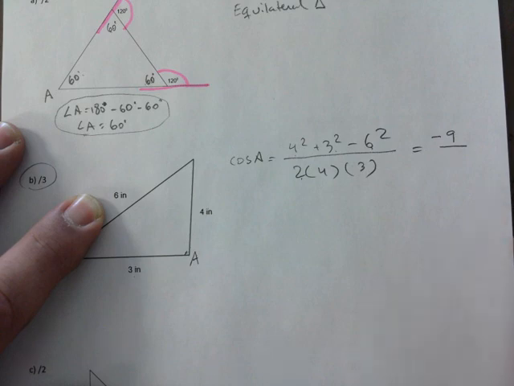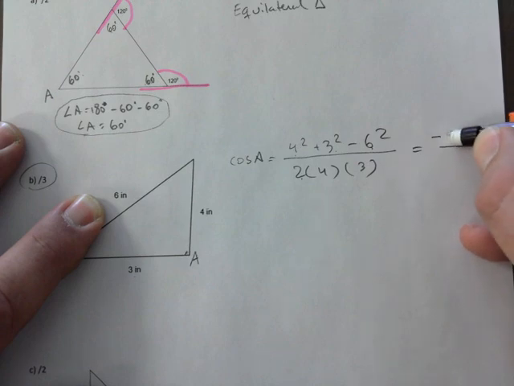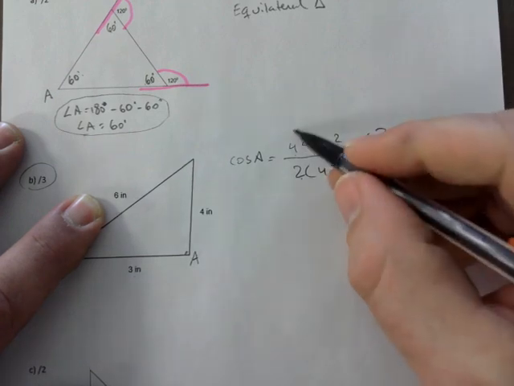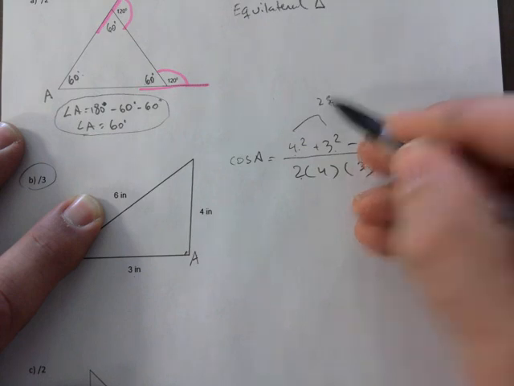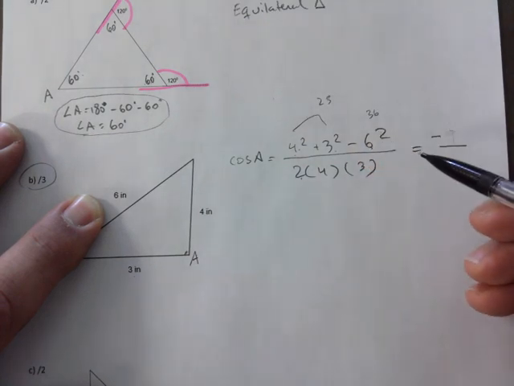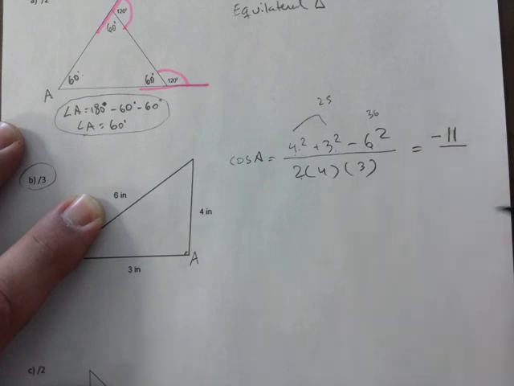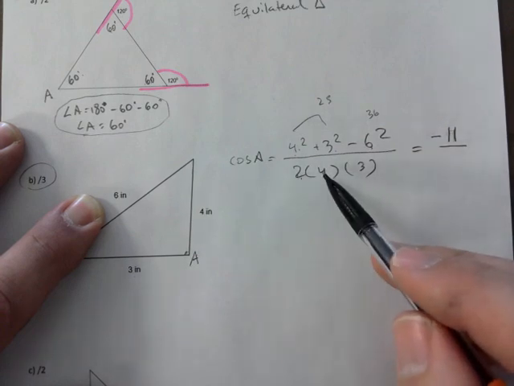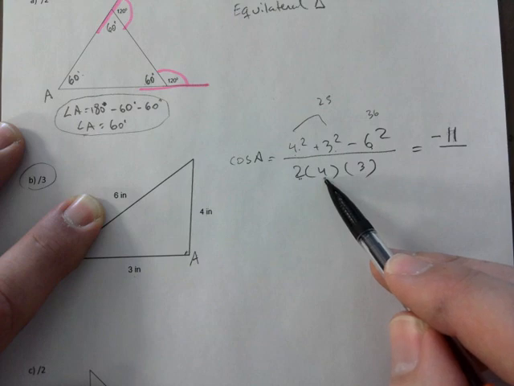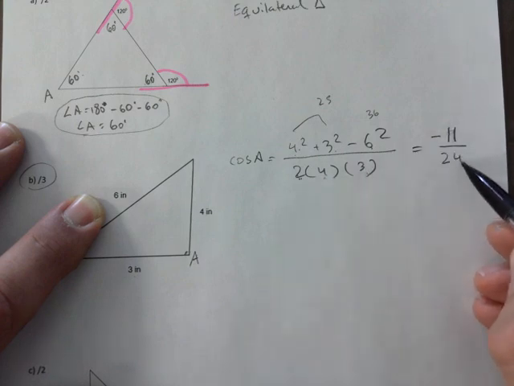Am I off? This is 25, right? This is 36. Yeah, that's 5 and 6, that's 11. Sorry. Oops. 2 times 4 is 8, times 3 is 24.